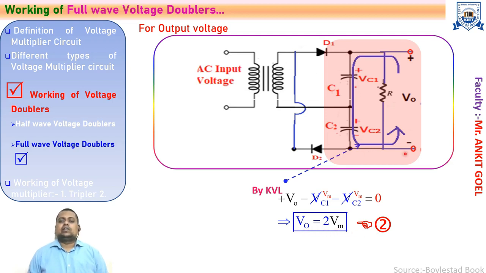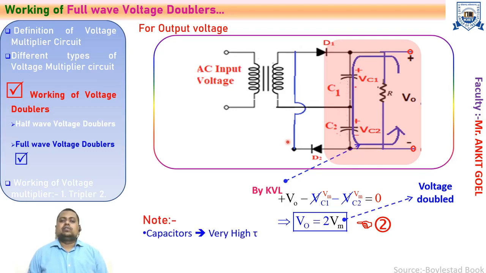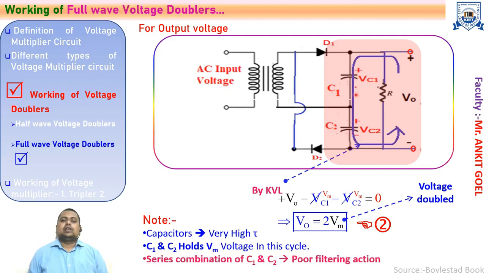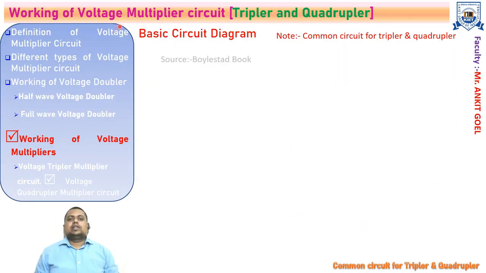Right, so you will see that the voltage appearing at the output terminal is twice the input peak voltage. That's why it is called the voltage doubler. Right, so the time constants for these two capacitors are very high, which will hold the voltages sufficiently for the next cycles. And we have seen that the series combination of C1 and C2 will give poor filtering action. Let's understand the voltage multiplier circuit.